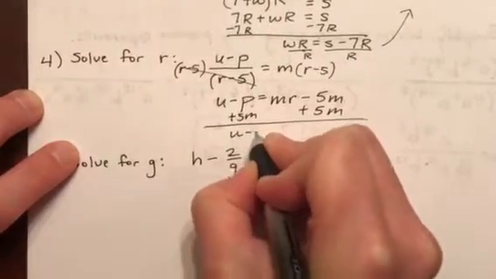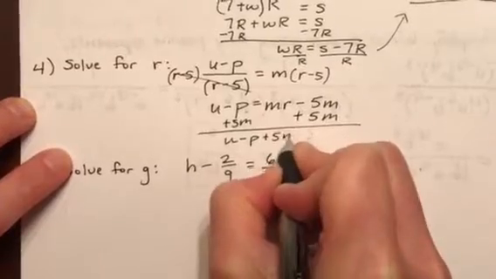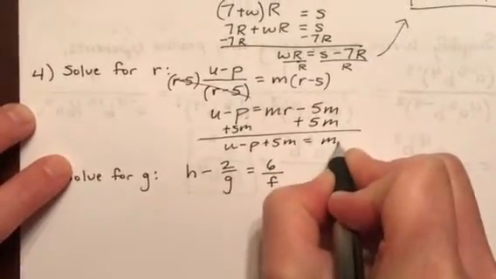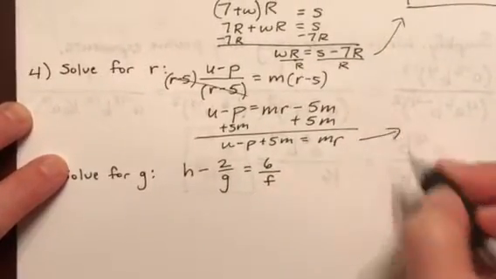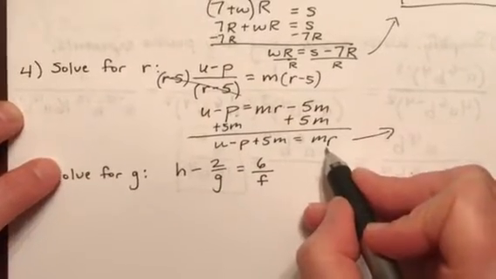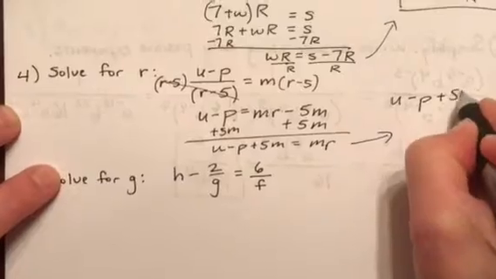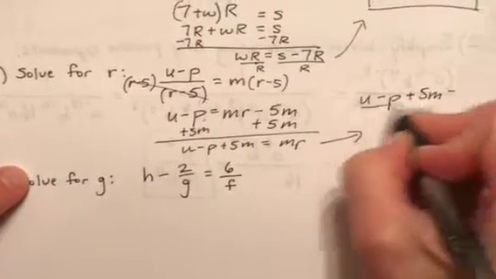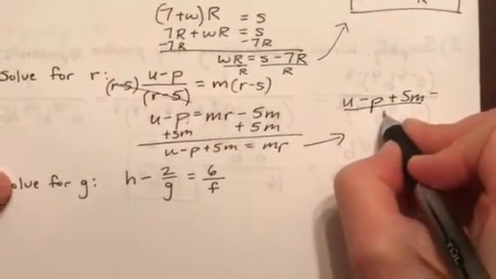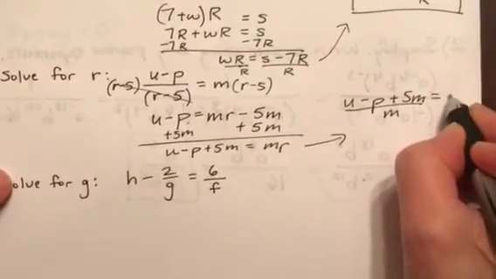This gives me u minus p plus 5m equals mr. And so the final step is to divide both sides by m. It gives me u minus p plus 5m all over m equals r.